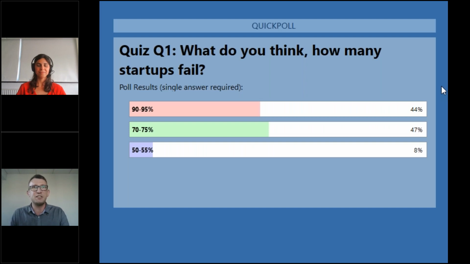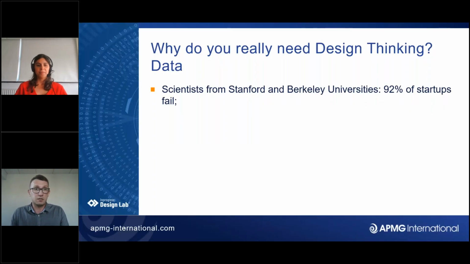As you can see, 47% of you said 70 to 75%, 44% of you 90 to 95%, and only 8% 50 to 55%. So this is a really large amount of startups which are failing. And it shows that there is a lot of room for improvement.